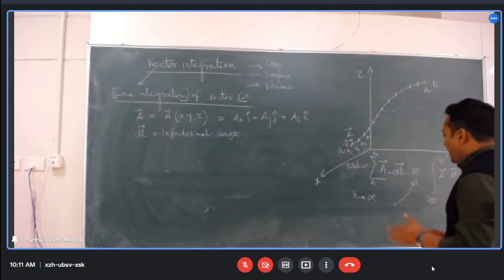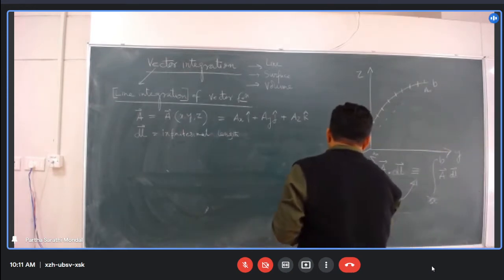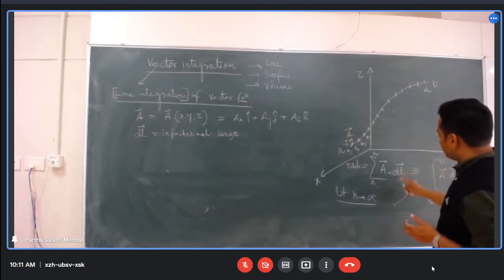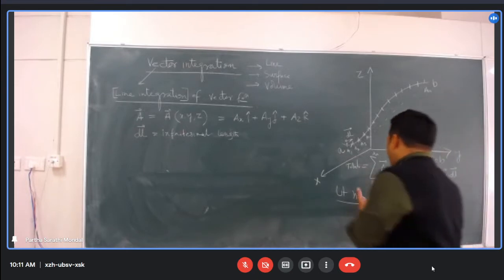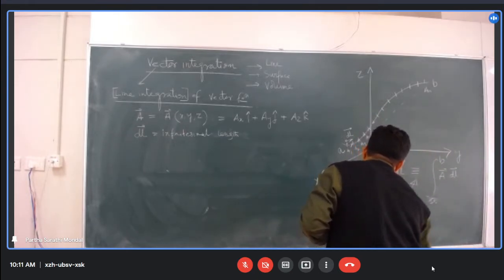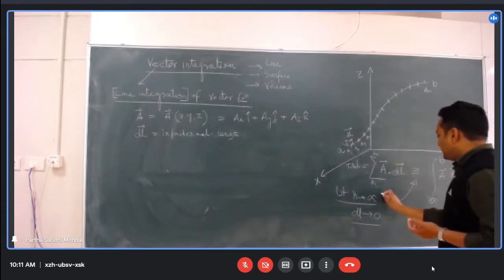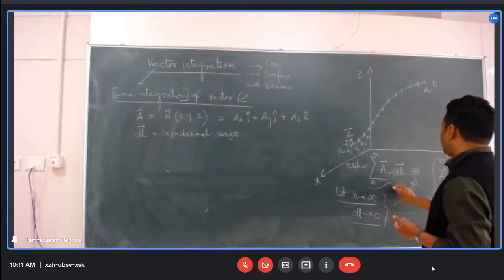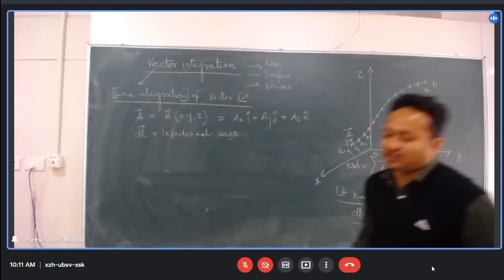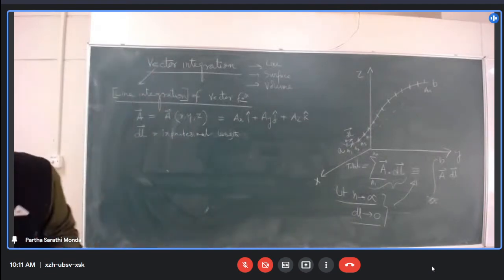Now if I take the limit n tends to infinity, then dl tends to 0, and this summation will transform to the integration from A to B of A dot dl. Integration is nothing but a summation for a continuous variable.